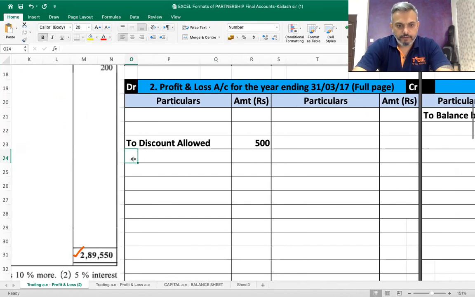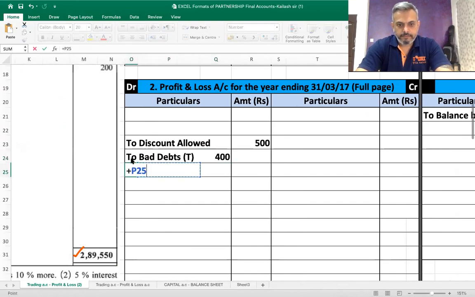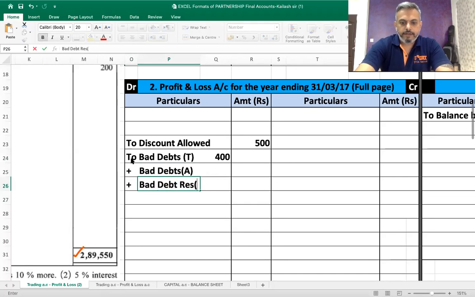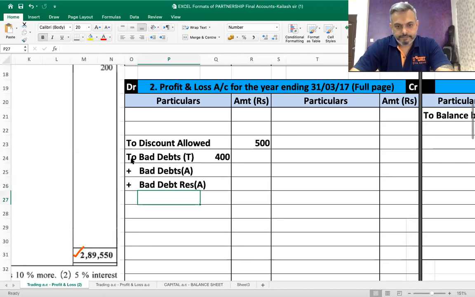In profit and loss account: To bad debts as per trial balance. Bad debt as per trial balance 400, plus bad debts as per adjustment, plus bad debts reserve as per adjustment, and from all these we subtract.